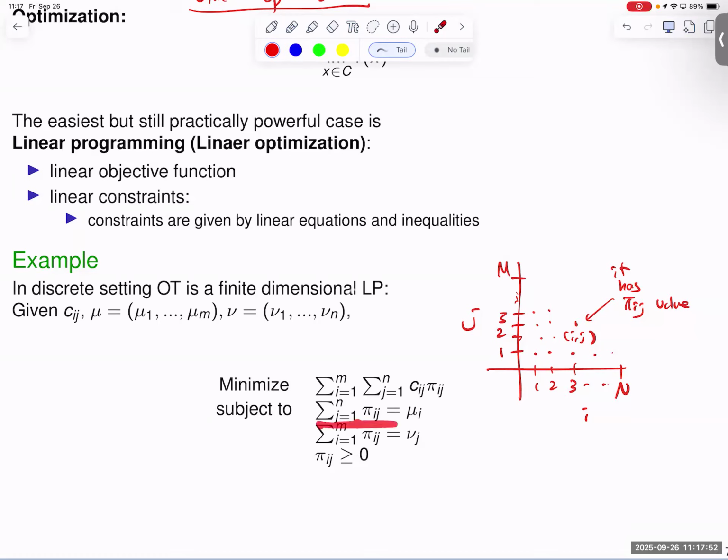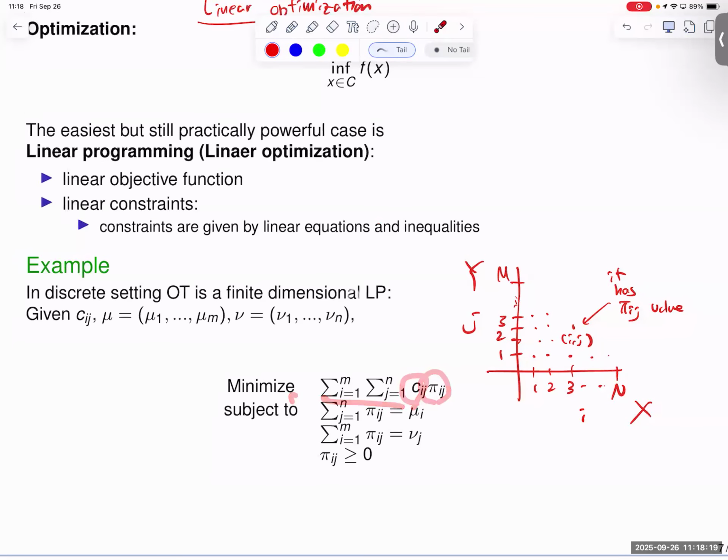And the constraint is the marginal conditions: if you project to x, you get mu, and if you project to y, you get nu. That's a constraint, and pi_ij is a measure, so it's nonnegative. And then the objective is basically an integral, but in this case it's just a summation, the sum of C_ij times pi_ij.